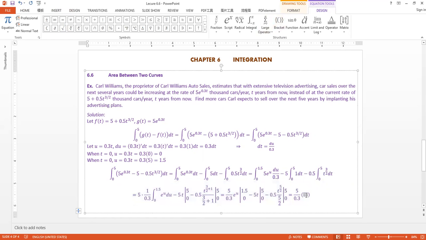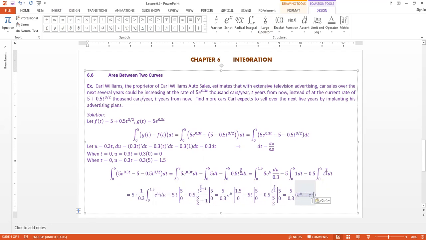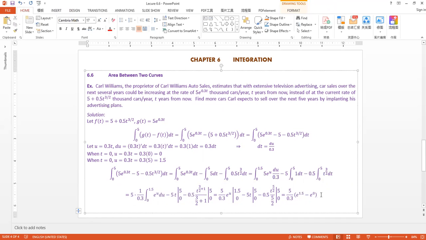So we got e to the 1.5 minus e to the 0. Okay, so if we plug in 1.5 and 0 for u and subtract them, that's the first term, and then we get a 5t.